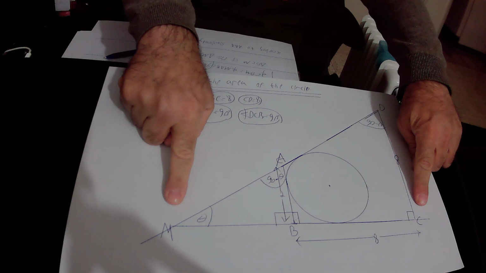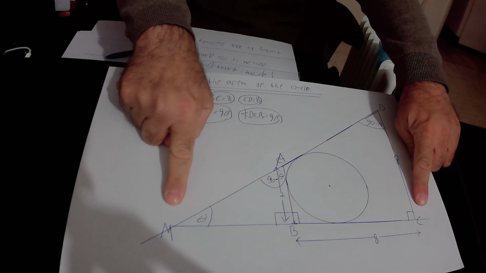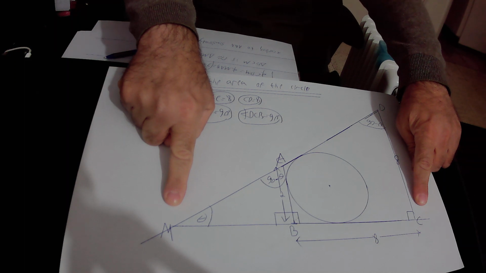MC, from the drawing it is very easy to see that the length of side MC equals to MB plus BC. MC equals to MB plus BC, that is 8. So in total, MC equals to MB plus 8.